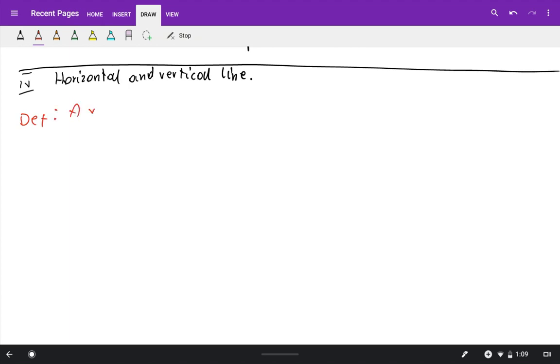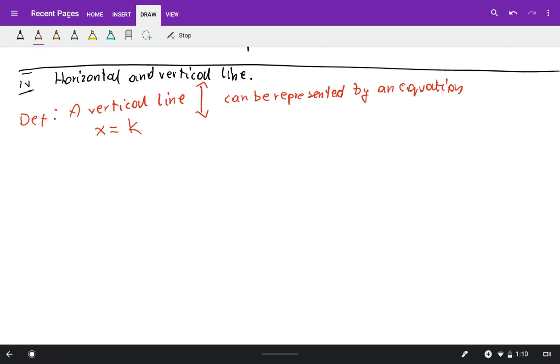A vertical line, that's the line which goes up and down, can be represented by the equation x equals k, where k is a real number.